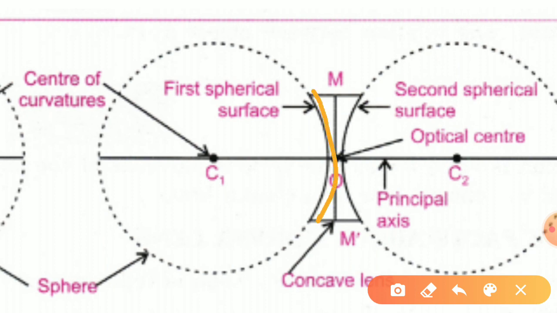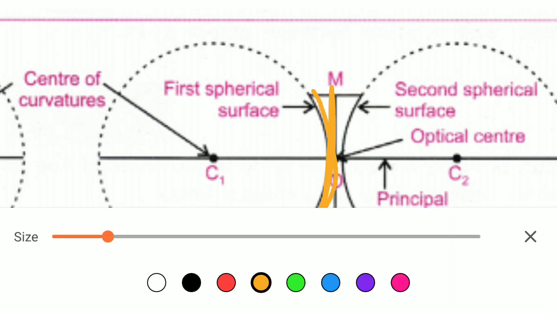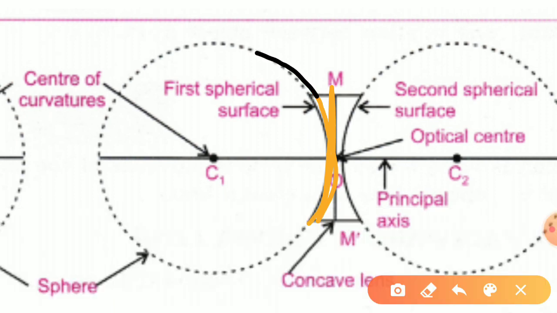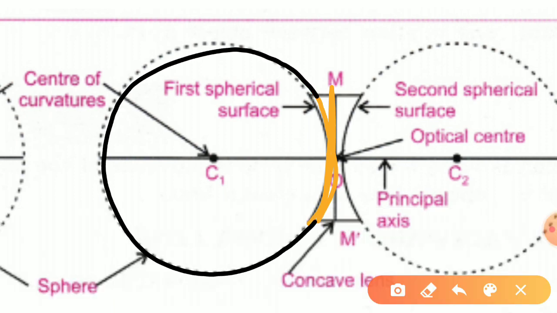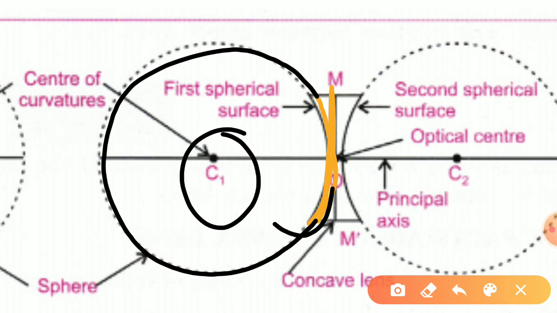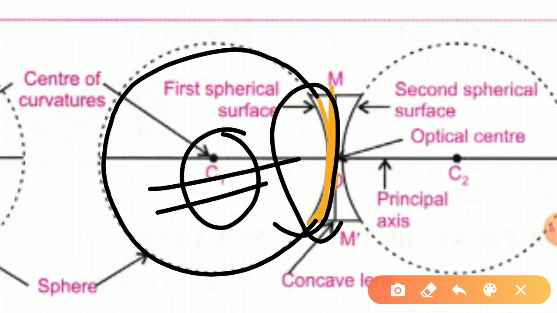Again, this curved surface may be regarded as a section of this sphere, and the center of that sphere of which the curved surface is a part is known as its center of curvature.